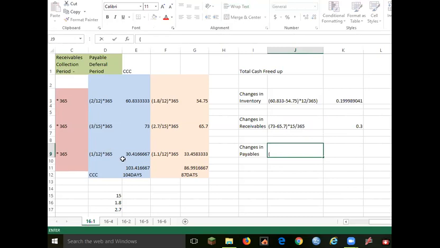Now, the payables period was 30.4167 before the changes, and after changes is 33.458. Then multiply it by cost of goods sold per day. Okay.